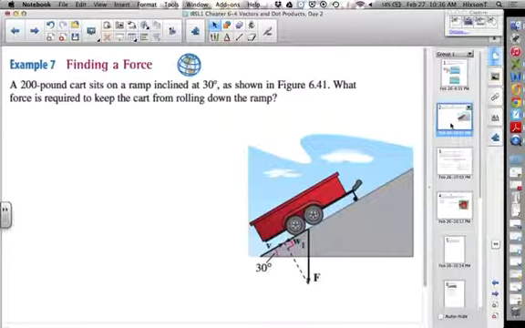We have a cart that's sitting on this 30-degree angle ramp, and we need to figure out how much force is required to keep it from rolling down the ramp. How much force do we have to have in order to keep it from rolling down the ramp?